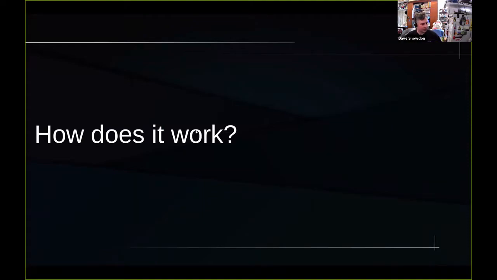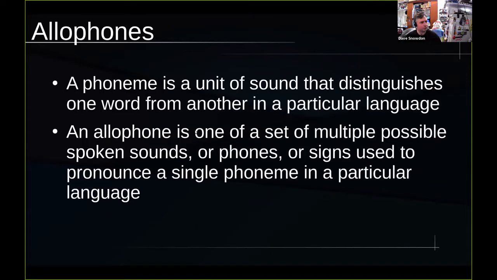So how does this chip actually work? I've mentioned allophones before, and you may not have heard that term. You may have heard of phonemes. And I must admit, back when I first did this stuff, I didn't know what the difference was. But apparently a phoneme is technically a unit of sound that distinguishes one word from another in a particular language. So what's a phoneme in English may not actually be a phoneme in, say, French.